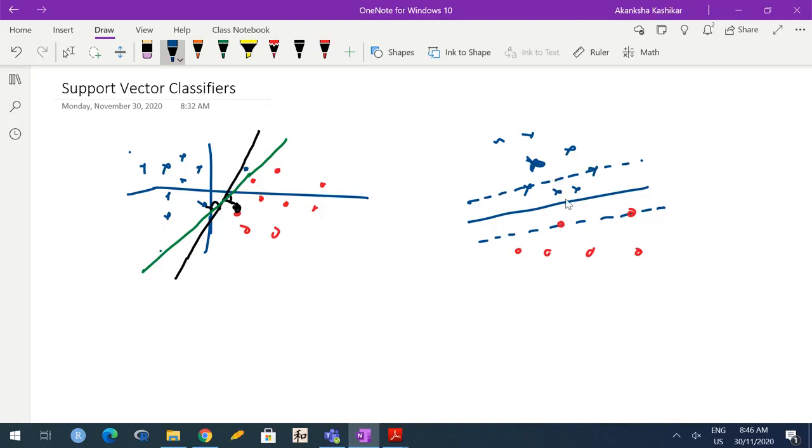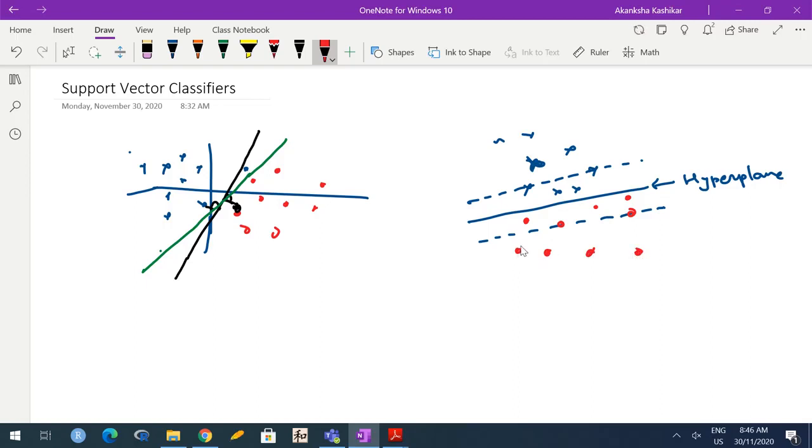I am still on the same side of the hyperplane. So this is my original hyperplane, and the dotted lines are the margins. These points are on the wrong side of the margin but still in the correct class. Similarly, I can have a few points here, again on the wrong side of the margin but in the correct class. So this is one possibility.